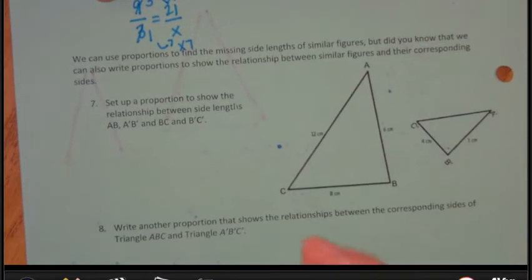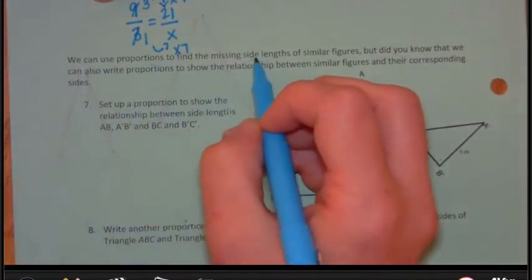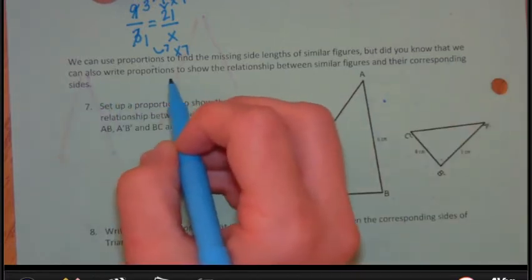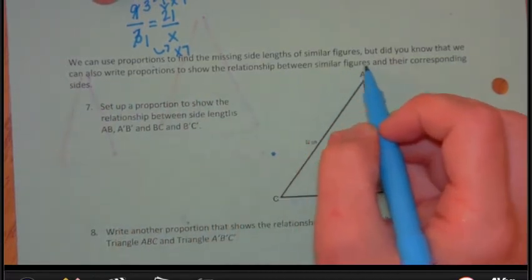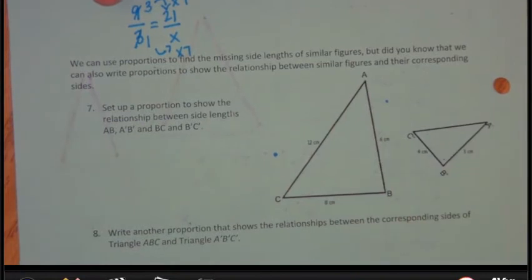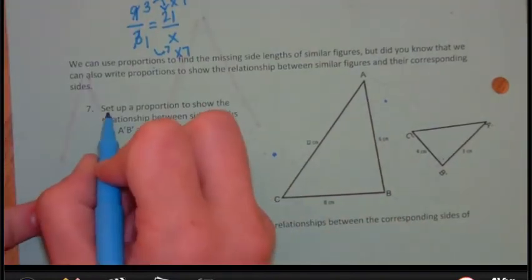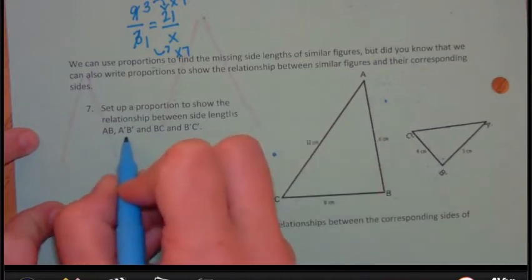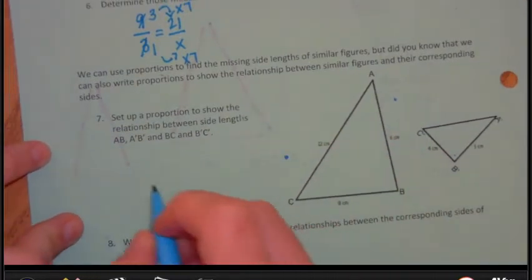All right, the next one. We can use proportions to find the missing side lengths of similar figures, but did you know that we can also write proportions to show the relationship between similar figures and their corresponding sides? Number 7 says, set up a proportion to show the relationship between side lengths AB, A prime B prime, and BC and B prime C prime.